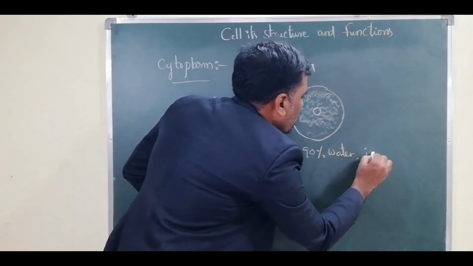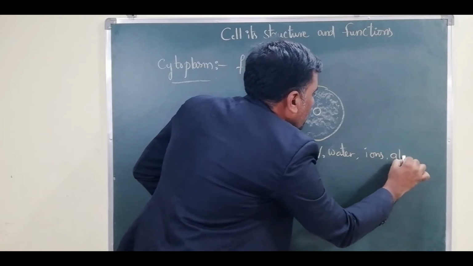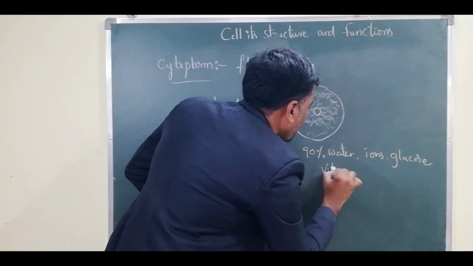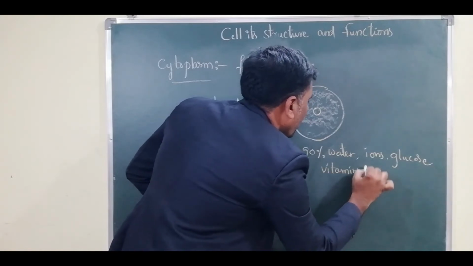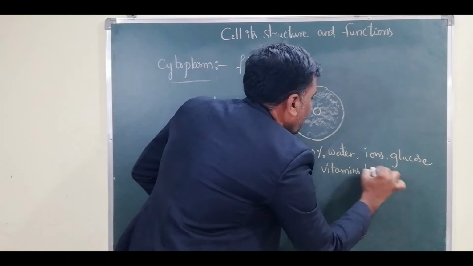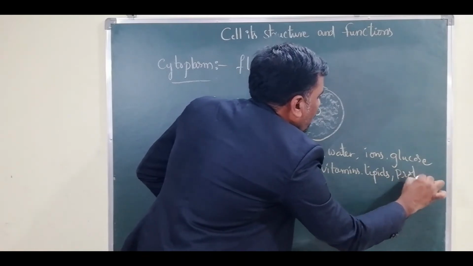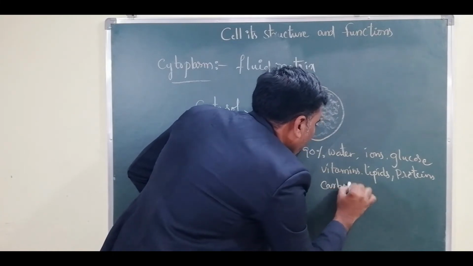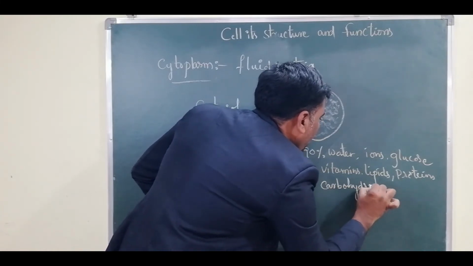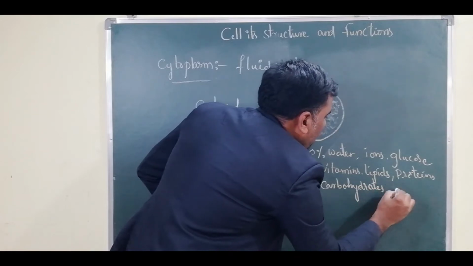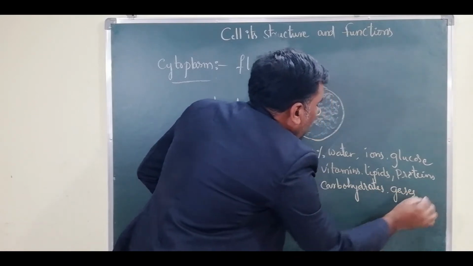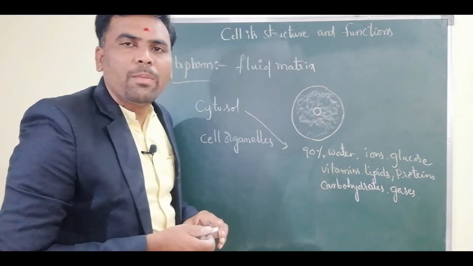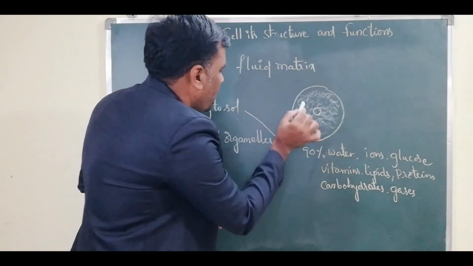Along with the water, it has some useful ions, glucose, vitamins, lipids, proteins and carbohydrates, and dissolved gases, which are essential to carry out the metabolic activities in the cell.